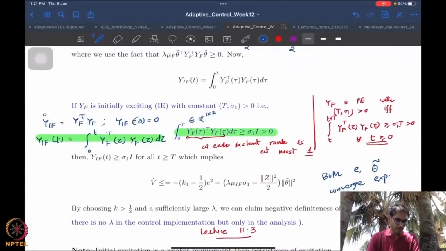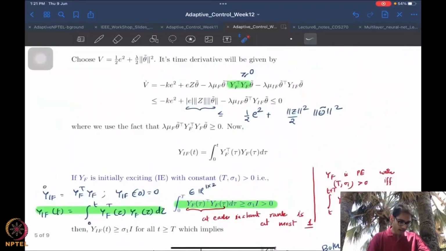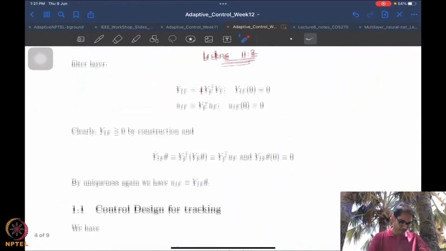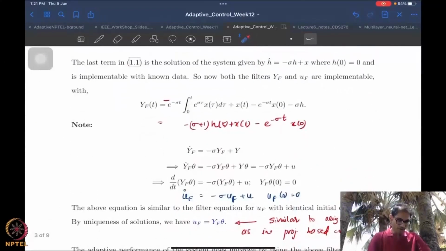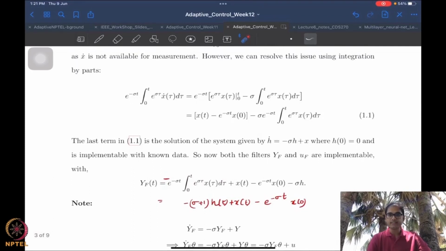A few more things. If you look at this condition for excitation, initial excitation, this is sort of true even for persistent excitation. Although these conditions are written as a function of time, in reality your YF is obtained how? Your YF is obtained by integrating Y or filtering Y, and Y contains the states.